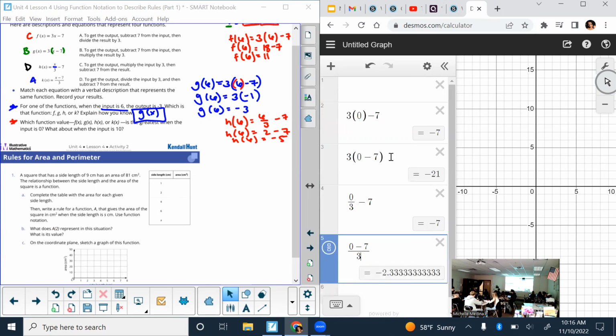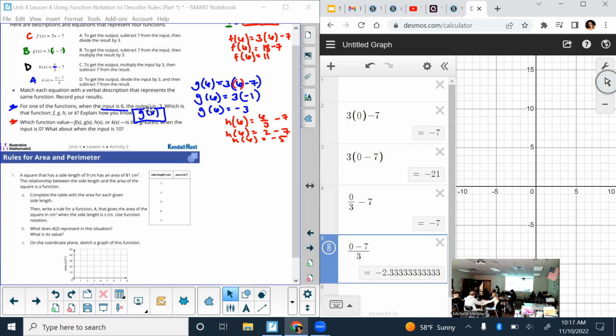All right, but if you look at all the different answers I have, which answer is the greatest? The negative 2.333 repeating is the greatest, because would you rather owe $7, $21, or about $2? All right, that's how the negatives work.